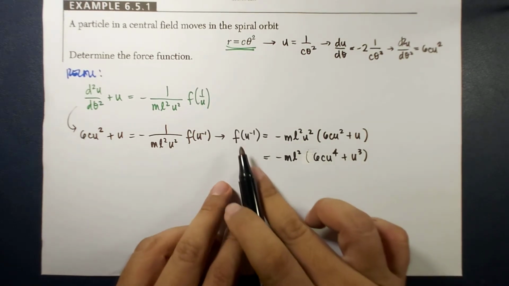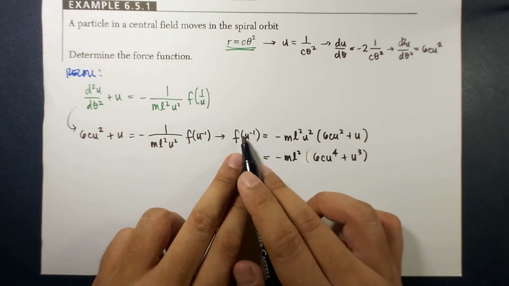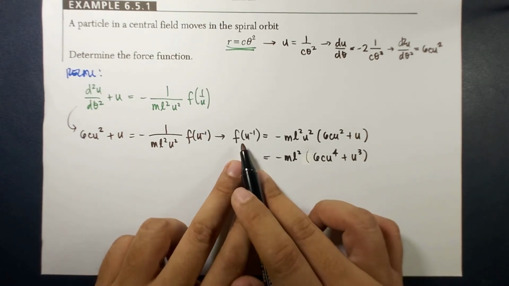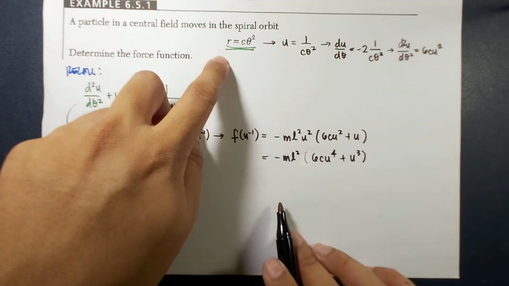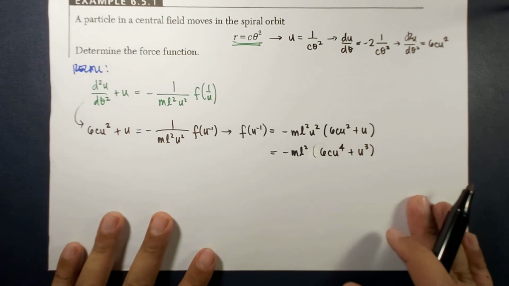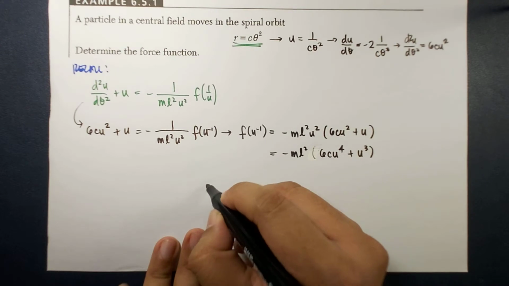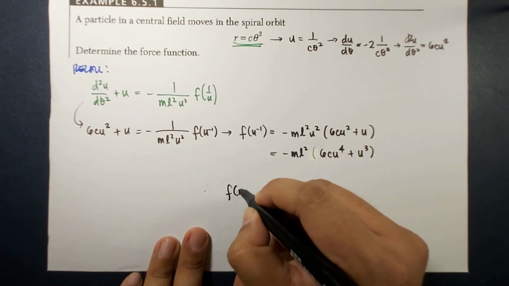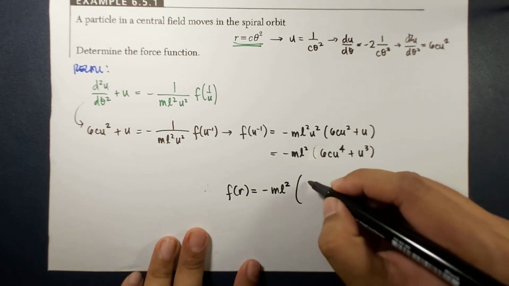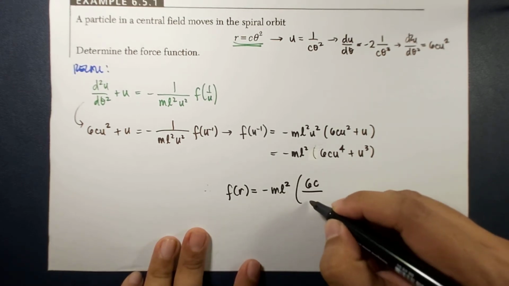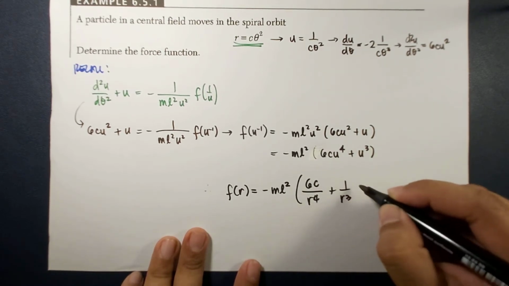But remember, this is not yet our equation of motion because our force function is still in u. So we now bring back this equation in terms of r. This r is 1 over u. So therefore, f of r is now equal to negative m l squared times 6c over r to the fourth plus 1 over r cubed.